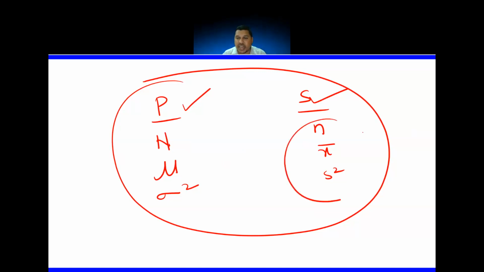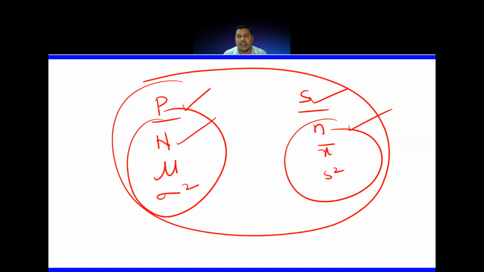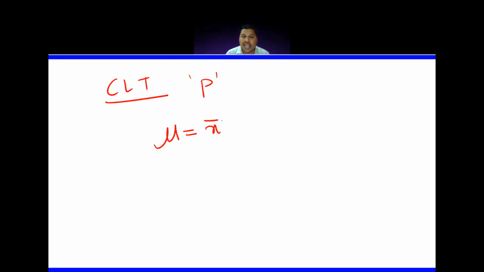For some problems, these 3 are given, for some only one is given. So a lot of problems exist. We will see that. So if we summarize again, central limit theorem: if you have a population P which is normally distributed, then its mean can be equal to the mean of sample means, and its standard deviation can be equal to the standard deviation of the samples by square root of n.